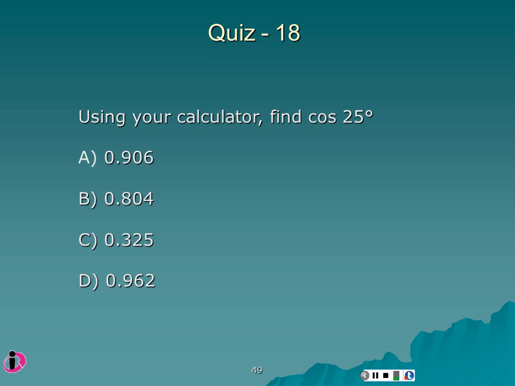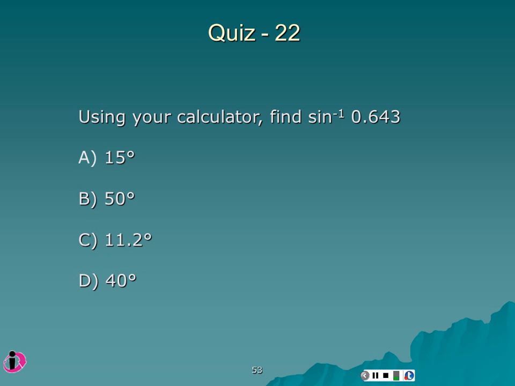Everyone has a cosine 70 degree. Just to make sure we get familiar with these trigonometric functions and how to use them. B and D? B, okay, alright, it's B, 0.342. Tangent 70 degree. Everyone has C? So the right answer is C. Tangent 15. Right answer is A, right? 0.268.